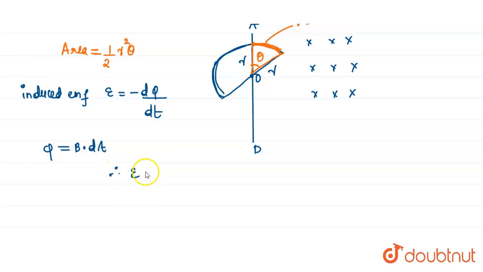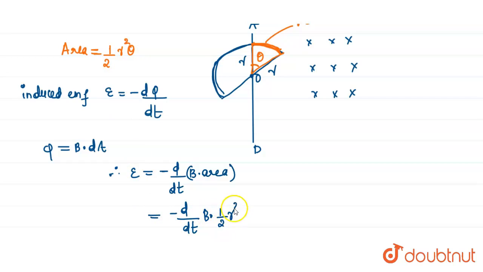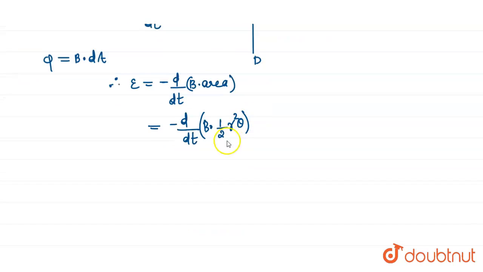Therefore, EMF is equal to minus d by dt of magnetic field into area. What is the area given here? 1 by 2 r square theta. Substituting, minus d by dt of B into 1 by 2 r square theta. Here the magnetic field is constant and the radius of the loop is also a constant. So minus B r square by 2 into d theta by dt.